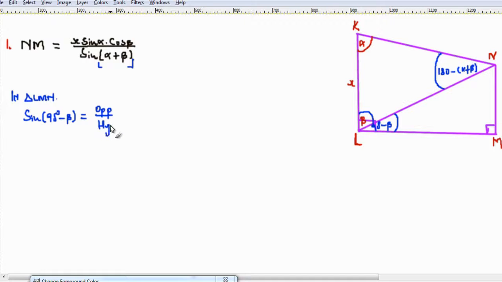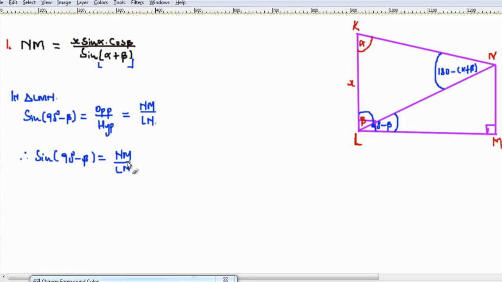Now the opposite side here is NM, over our hypotenuse in this triangle, which is LN. So this means we have sine of 90 degrees minus beta is equal to NM over LN.